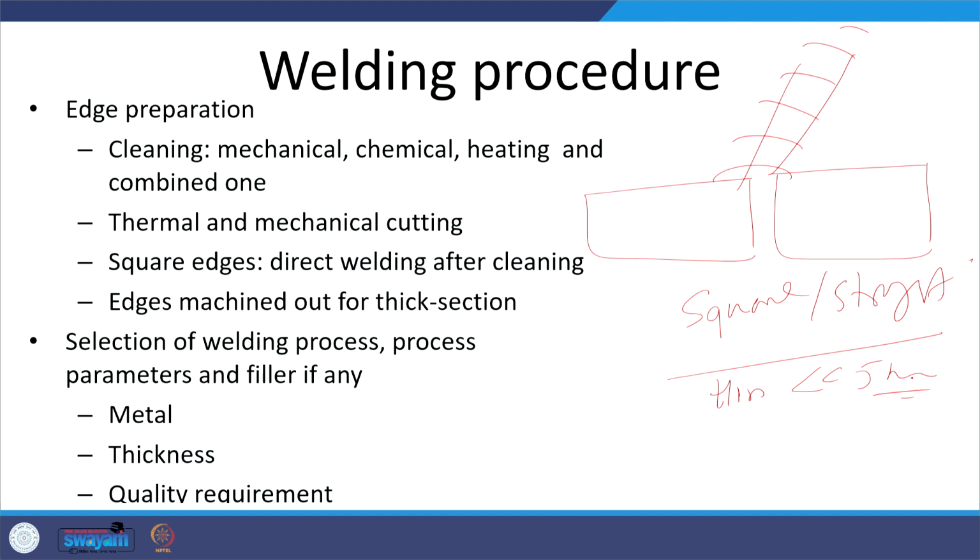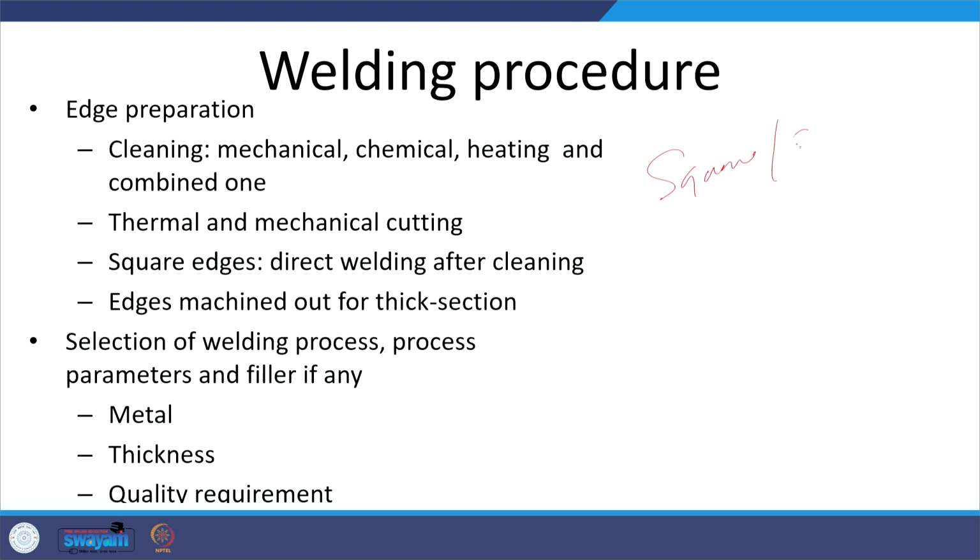Or we are using a high heat input welding process like submerged arc welding, which can weld through thickness penetration up to 25 mm in one go, or we are using a high energy density welding process like laser beam welding. So, in those cases where the welding process allows through thickness penetration in one go, then not just in thin sheets, but also in thick plates, we may prepare the edges square and straight.